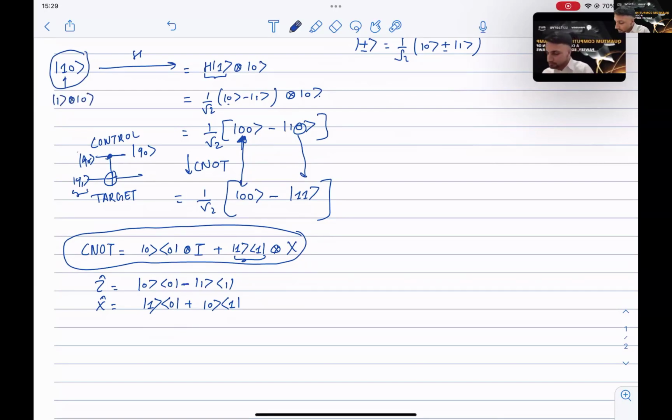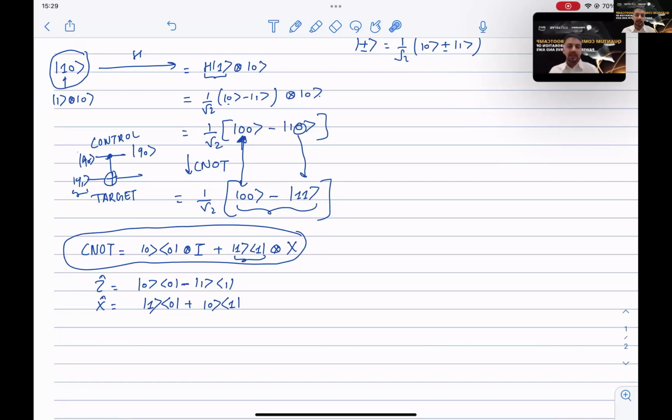But I have ended up in this state where I have two terms, which means this is a superposition of this first state and the second state, right? So this state transforms into a superposition of two different states, right? So that's the idea of superposition that comes along with quantum computing.